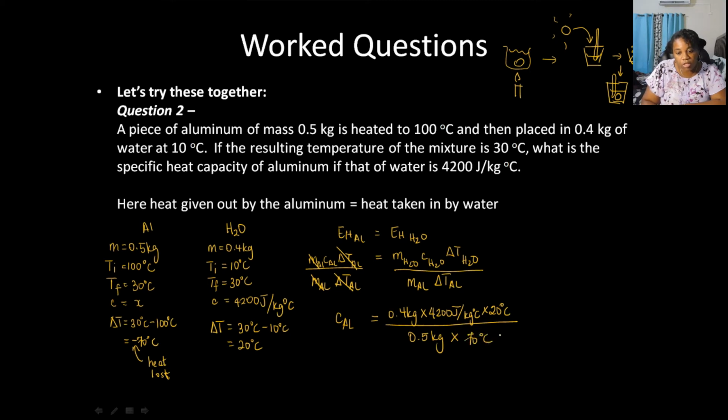Remember, we don't put the negative sign because the specific heat capacity is not going to be a negative number. It's just to indicate that heat was lost.